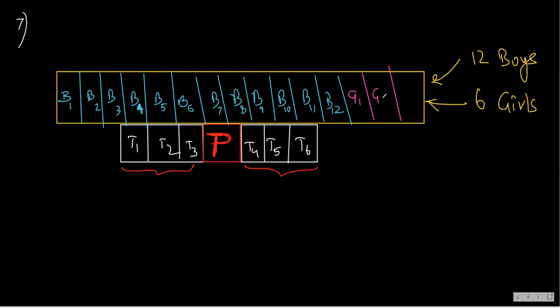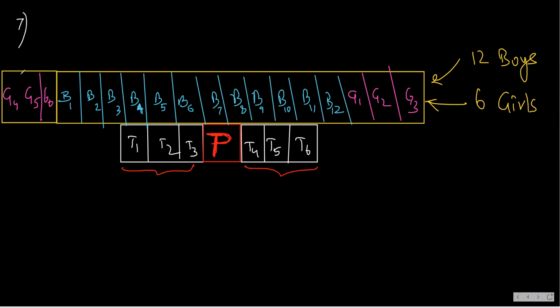See, girl 1, girl 2, and girl 3. There are 6 girls. So girl 3, and then you may have few more girls on the other side. Say you have girl 4, girl 5, and girl 6.